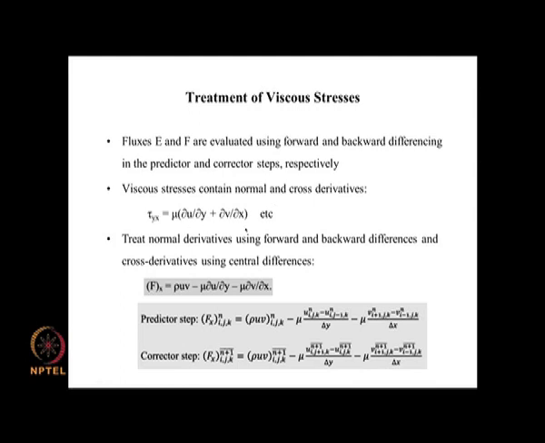So, the result of the viscous stresses is that there are some components which appear with cross derivatives, that is dou x dou y here, and some which appear as normal derivatives, dou square x. Okay. And similarly we can have dou square y and dou x dou y terms when we consider other things. So, how do we treat these terms?